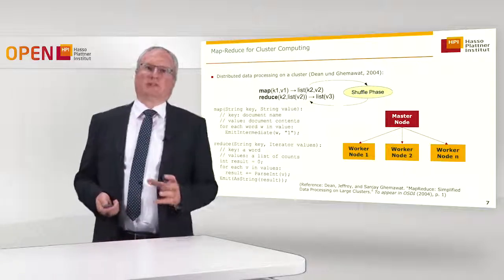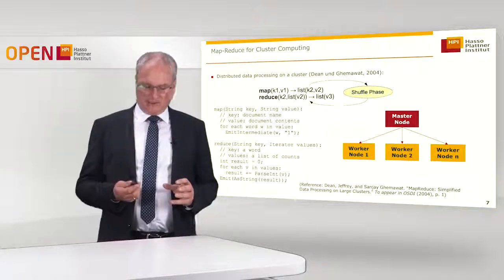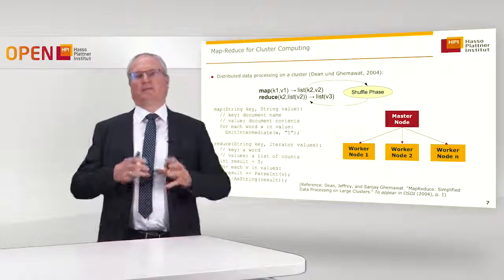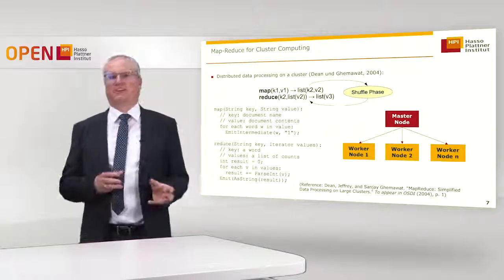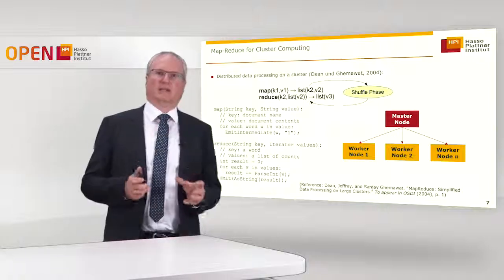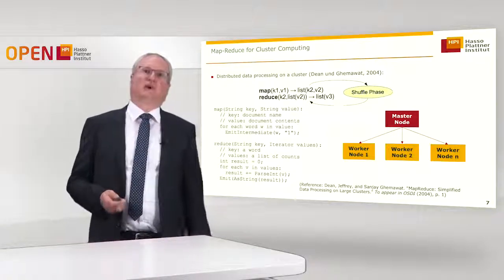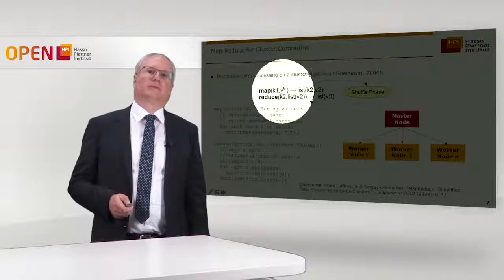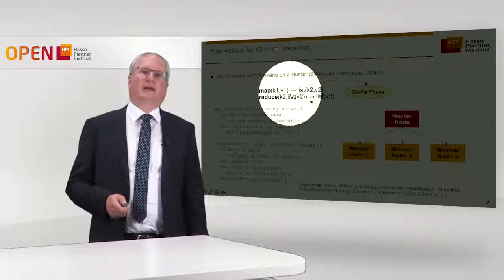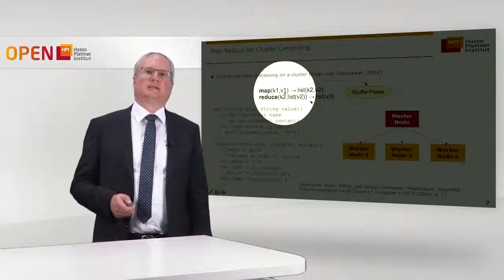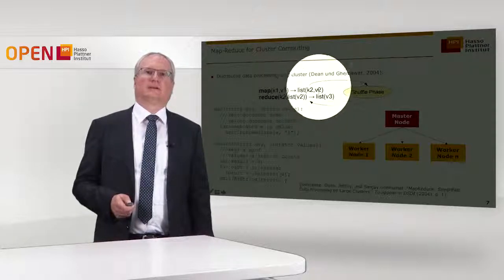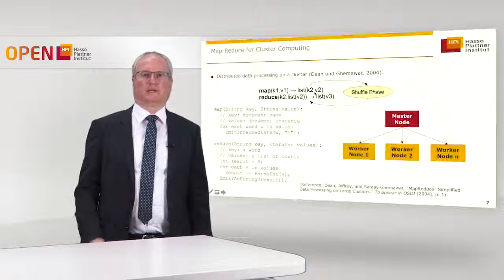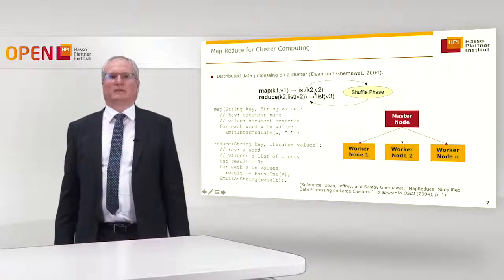And the MapReduce scheme is designed in a way that you split up every data processing operation into steps, the map phase and the reduce phase. In the map phase, you can see how it works. A mapping is done, and it is a mapping that for each key value pair that is processed, this is mapped to a list of another set of key value pairs. Okay, and you can imagine this.